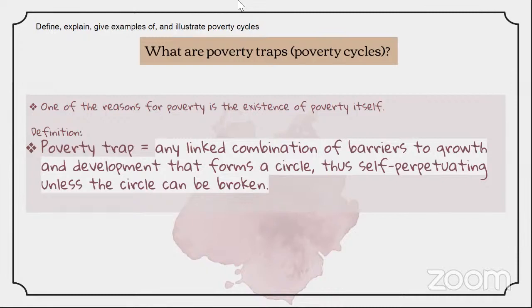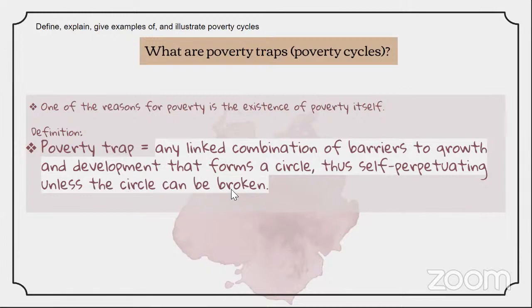So what is a poverty trap? The textbook definition is any linked combination of barriers to growth and development that forms a circle, thus self-perpetuating unless the circle can be broken.